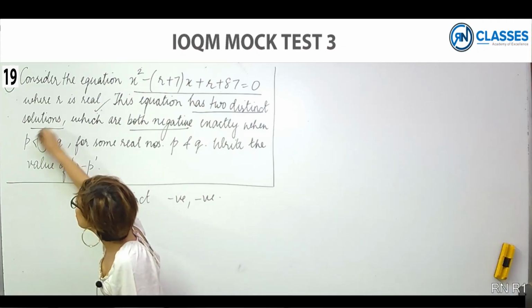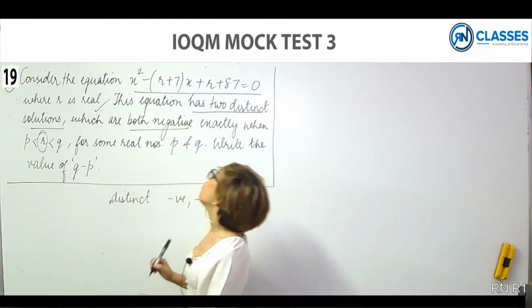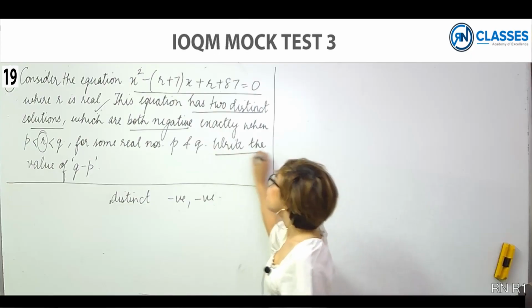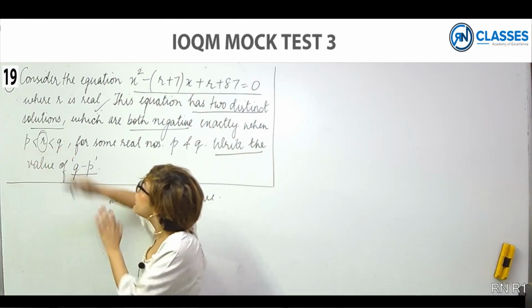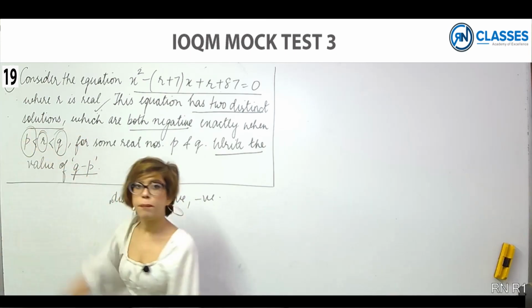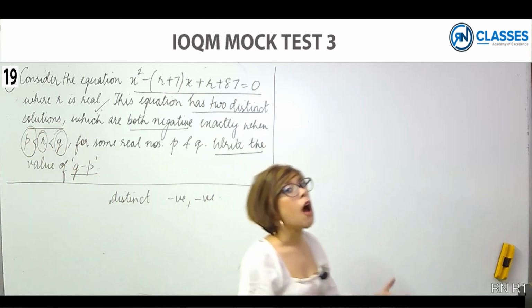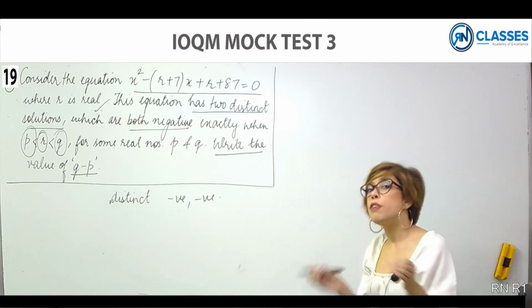So that means there is a restriction on r basically. For some real numbers p and q, you need to write the value of q minus p. So basically for q minus p, you need the restriction on r, from which value to which value.